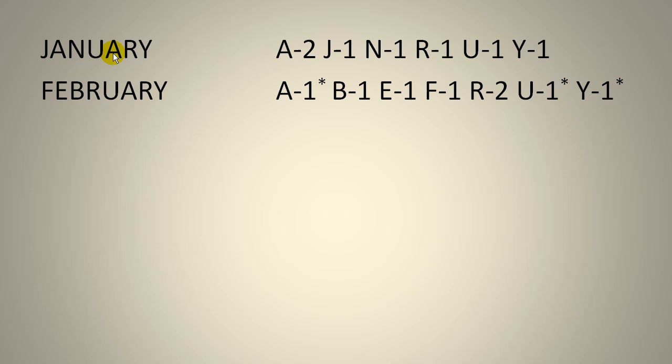We can reuse one of the A's we had for this month for February. Same thing with the U and the Y. Those are common. We don't need to buy another letter for those. We already have them, and since they're not going to be used at the same time, that would cover it.